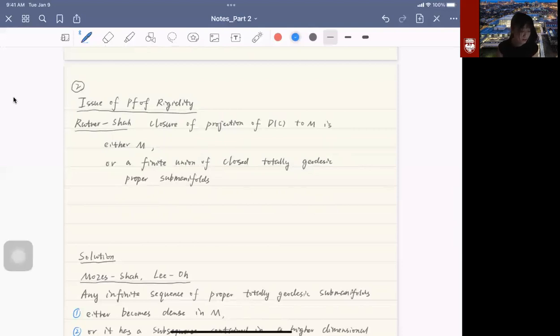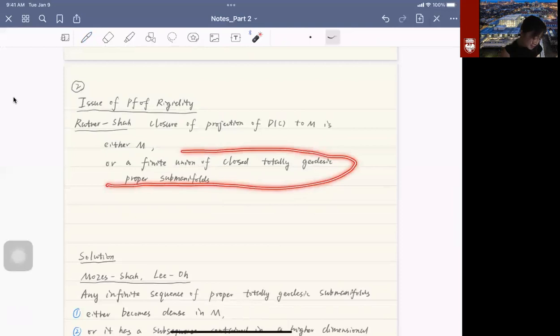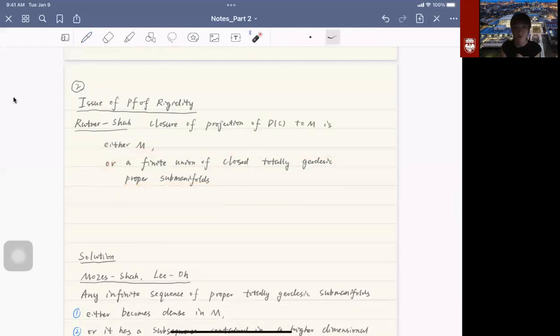They show that the closure of the projection of the totally geodesic disk to M is either equal to the whole manifold or equal to a totally geodesic surface. However, in this case, it can be a finite union of totally geodesic proper submanifolds.